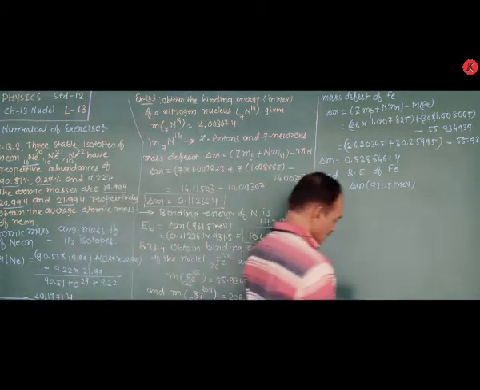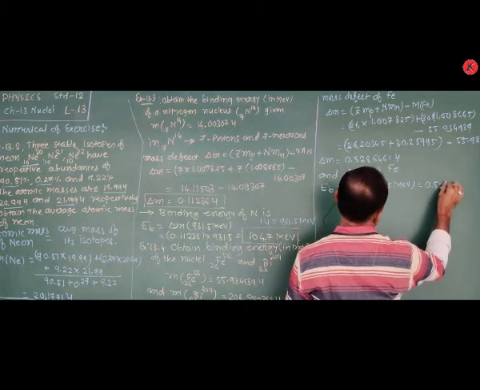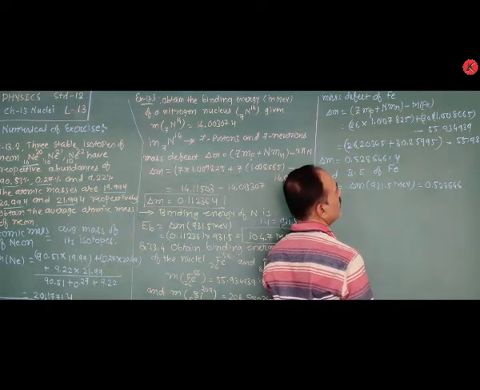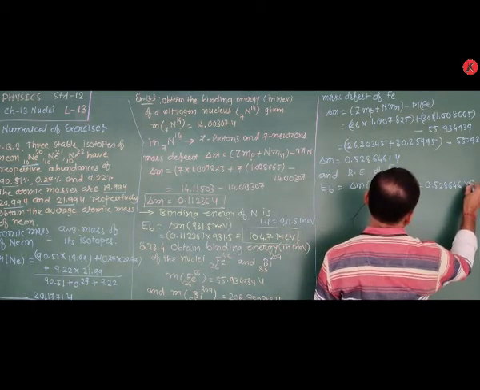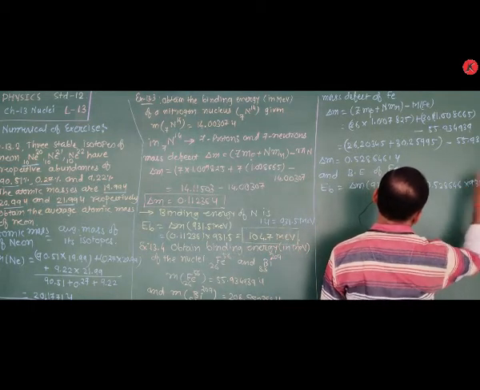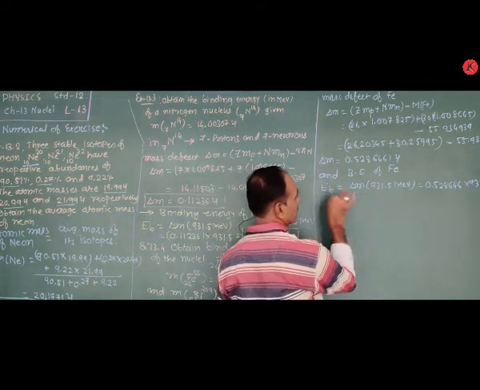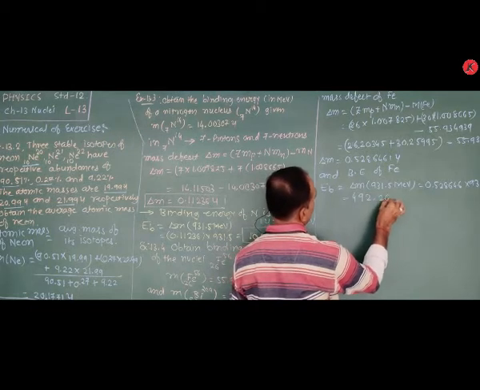Right? Now the mass defect is 0.528646 multiplied with 931.5. Thus we obtain the binding energy of Fe is 492.26 MeV.